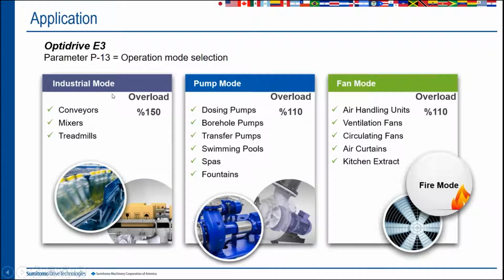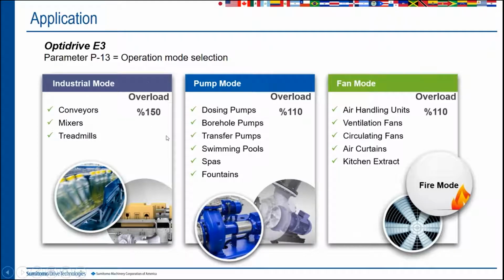So the drive will give you 150% overload, but you can also change it from industrial to pump mode or fan mode. This is a macro configuration, parameter 13, and so the inverter will adapt the overload to what your application needs.